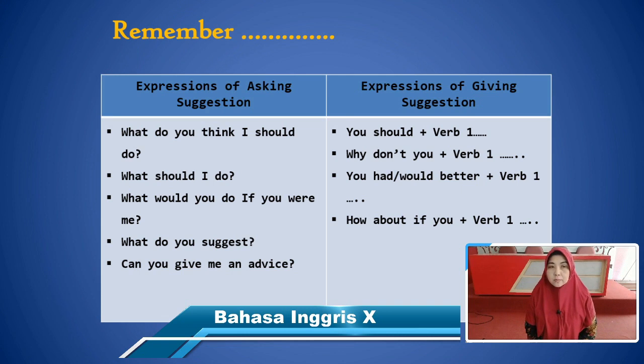You can use it with the verb or in addition kata kerja. The next sentence, you can say, you had or would better do blah blah blah. And then the next, how about if you blah blah blah?